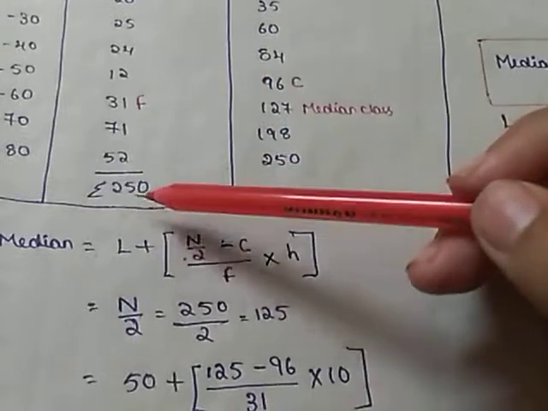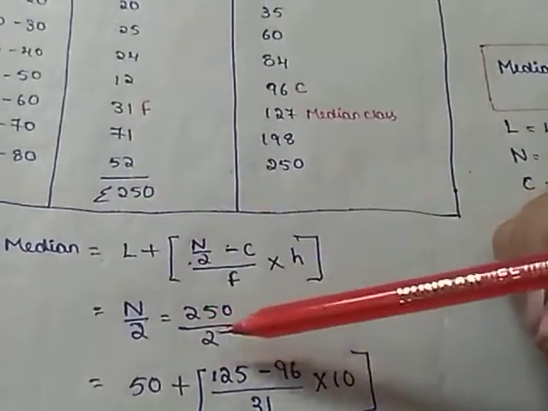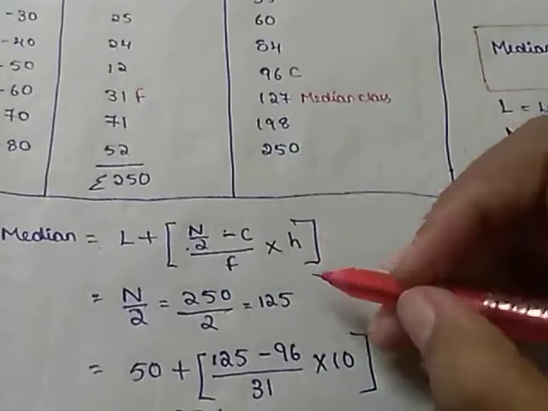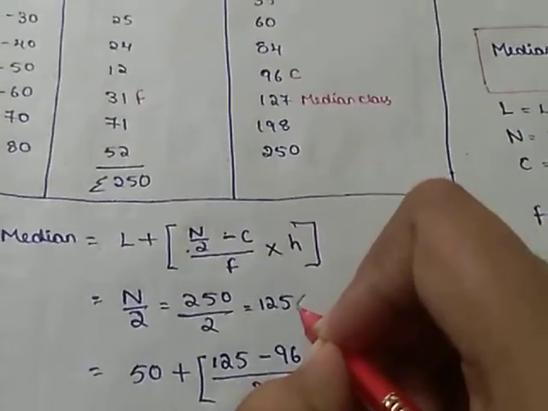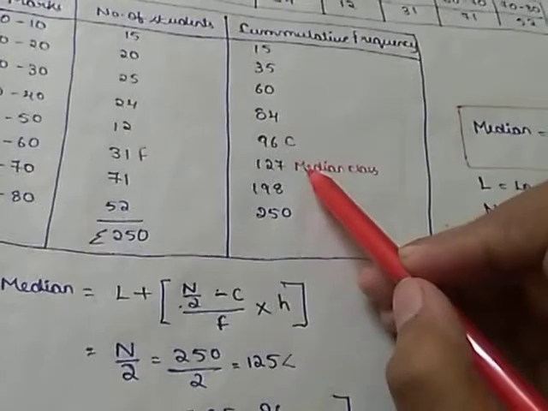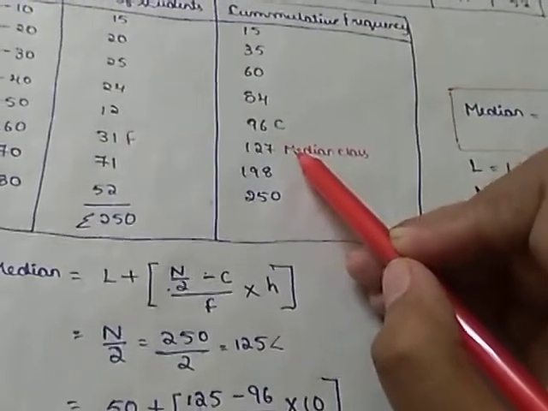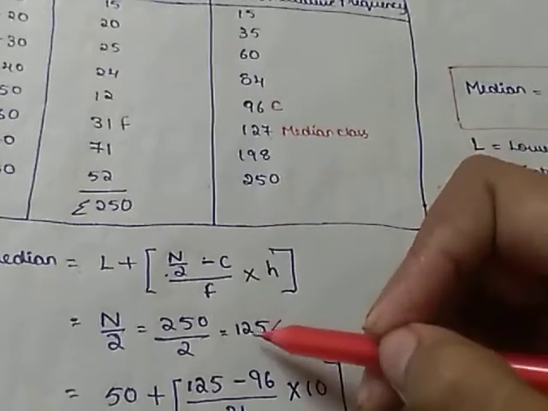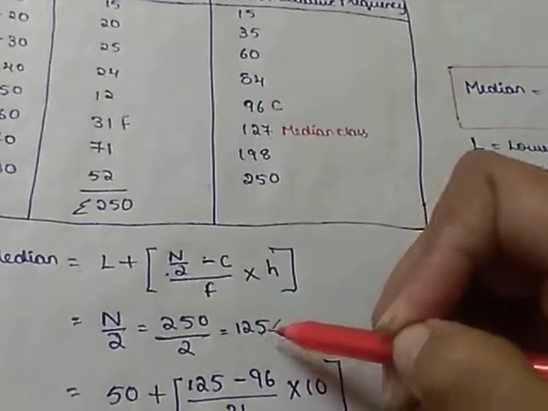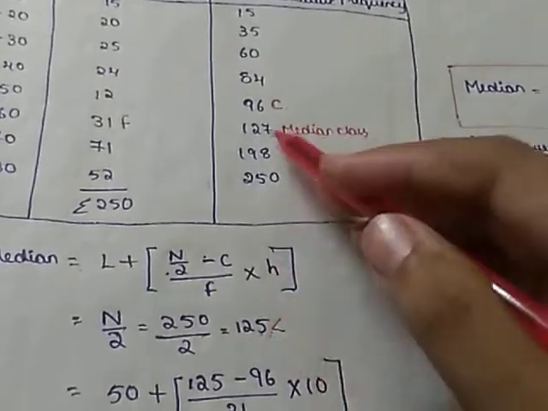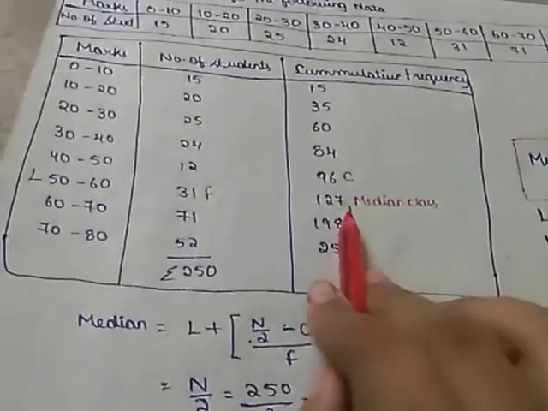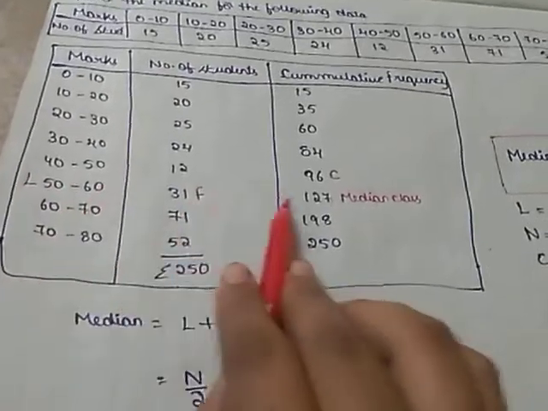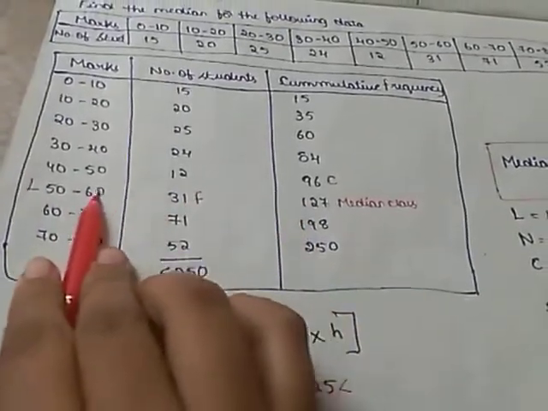So 250 by 2 equals 125. The immediate greater number than 125 in the cumulative frequency is 127. So this row, with 127, 31, 52, 60, will be the median class.